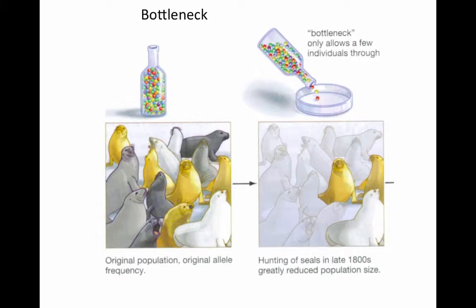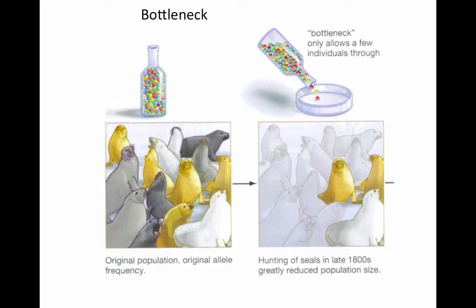Okay. Now, bottleneck is basically the same fundamental mechanism, but rather than having a population sampling from a population and then going and founding a new population, what you have is a population that gets reduced down to a few individuals.